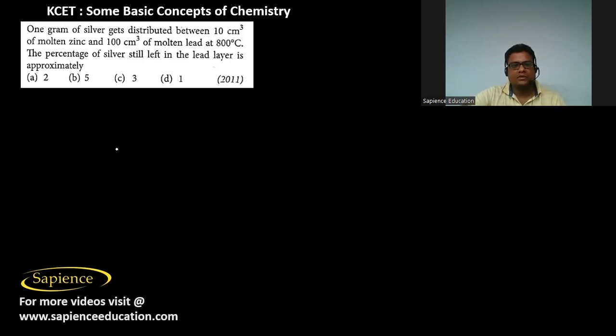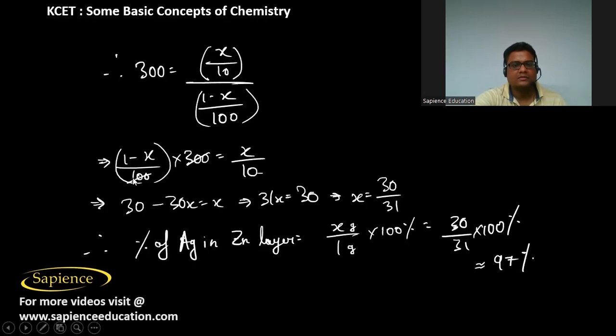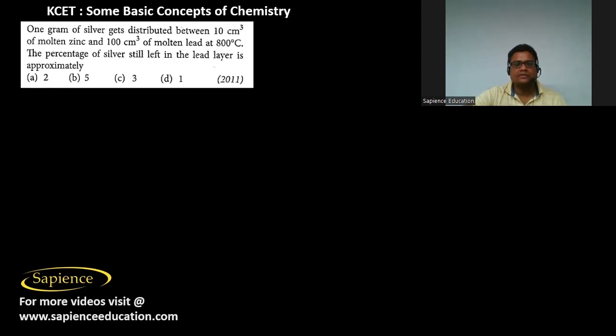And here it is told 1 gram of silver gets distributed between 10 centimeter cube of molten zinc and 100 centimeter cube of molten lead at 800 degrees Celsius. The percentage of silver still left in the lead layer is approximately.